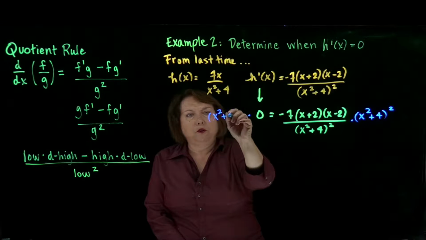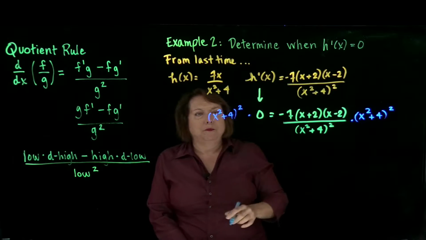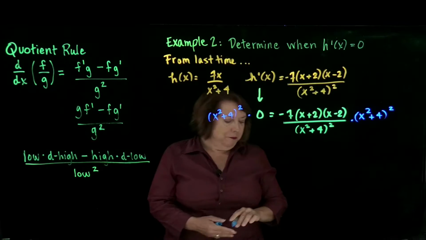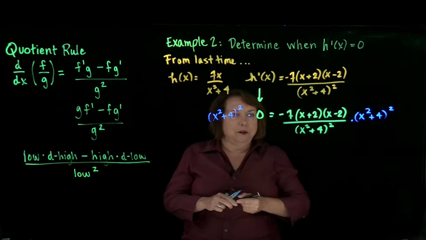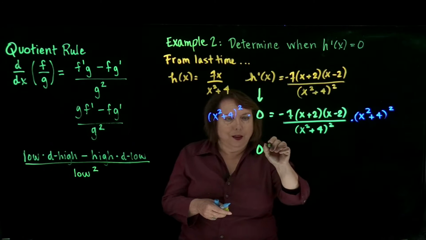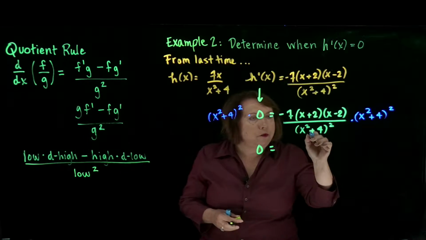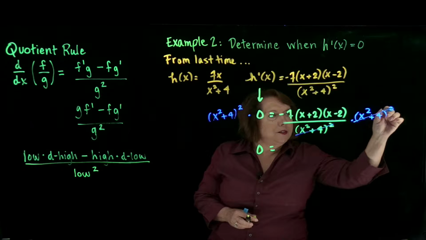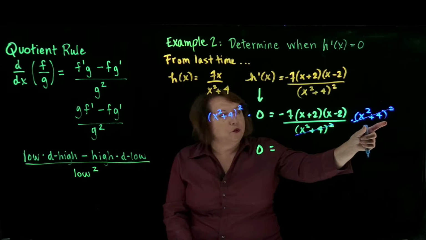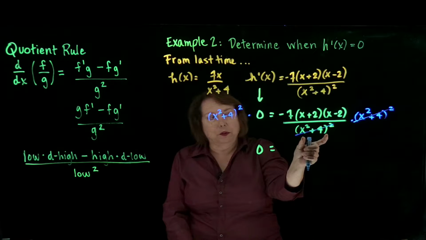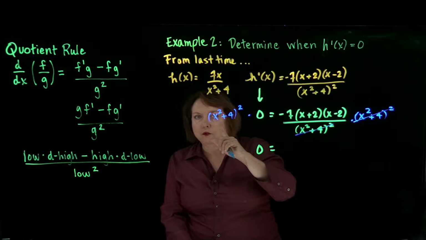Now notice when you multiply anything by 0, you still are left with 0. So we'll have here that 0 equals just the numerator, because what we multiplied by, (x squared plus 4) squared divided by (x squared plus 4) squared, just leaves 1.